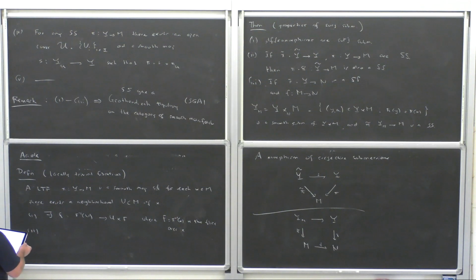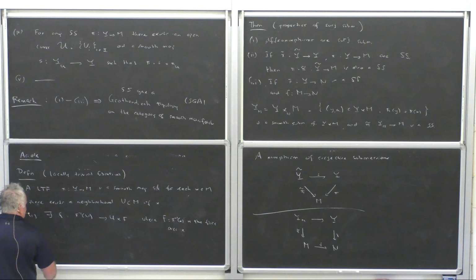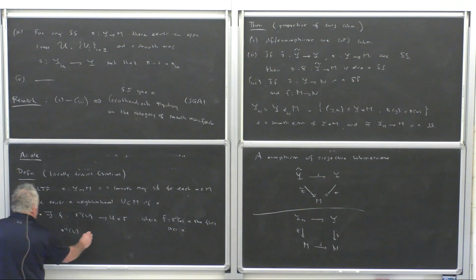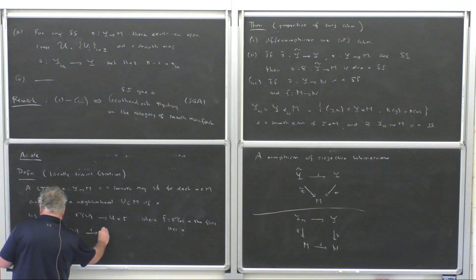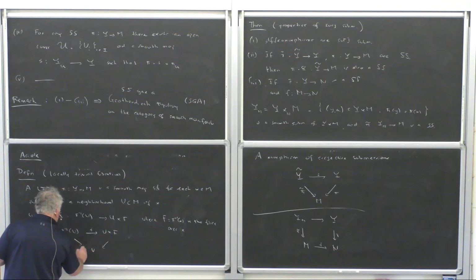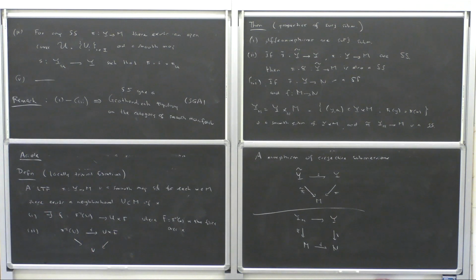And second, this map should commute with the maps to the base manifold. So this should be a commutative diagram.